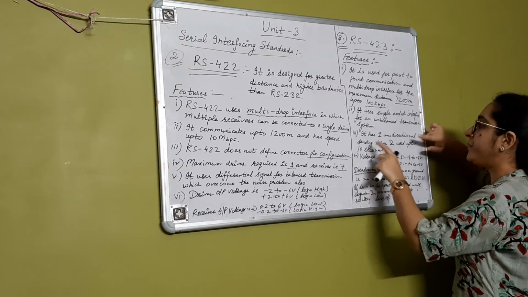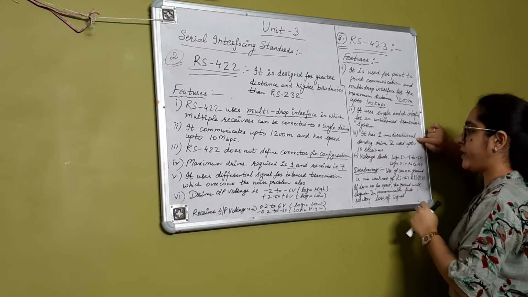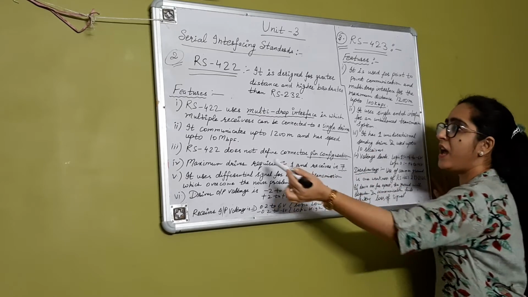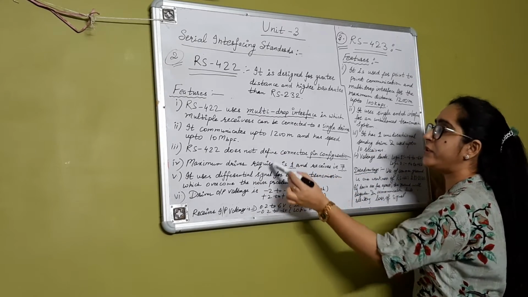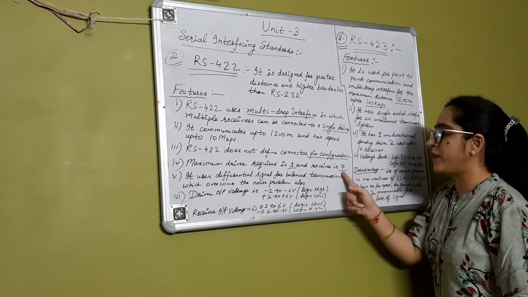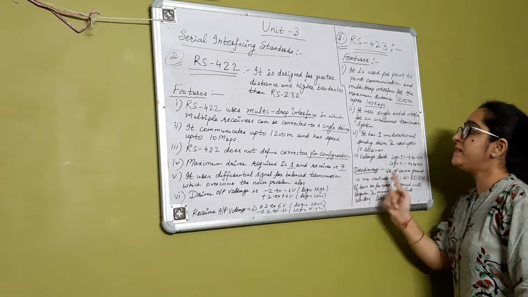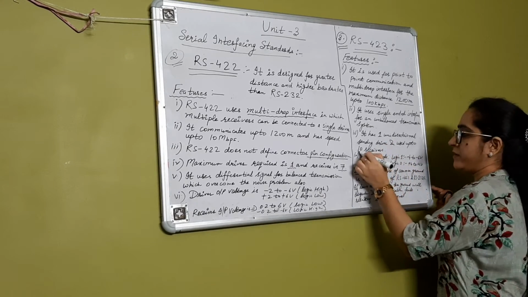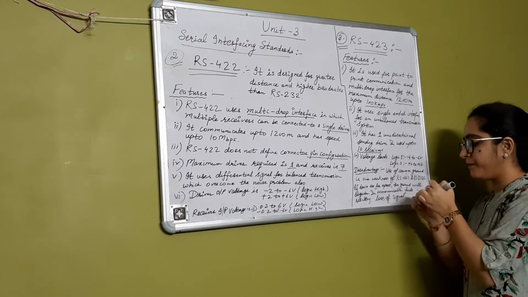Now next, it has one unidirectional sending driver and can be used with up to 10 receivers, whereas RS422 was used with up to 7 receivers. So this you have to see.